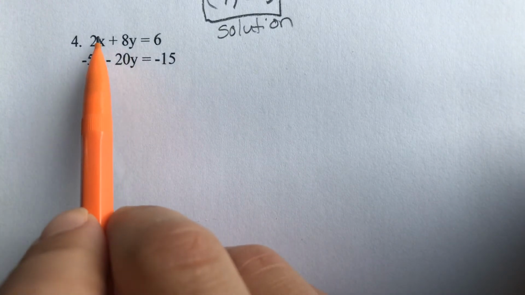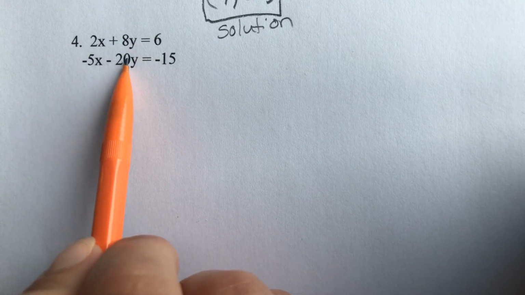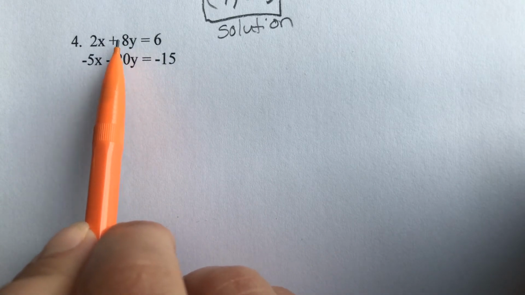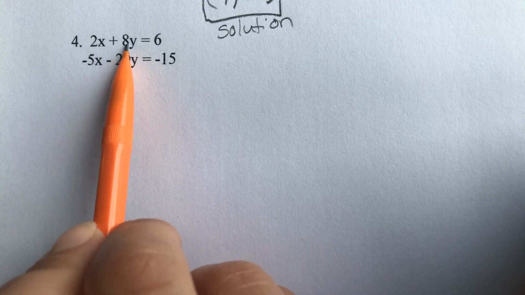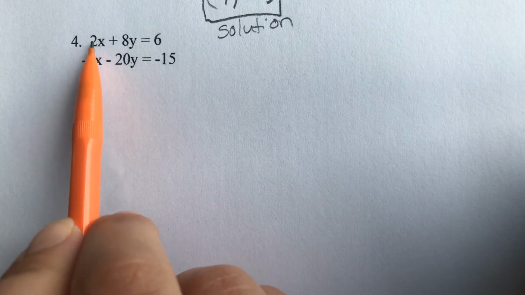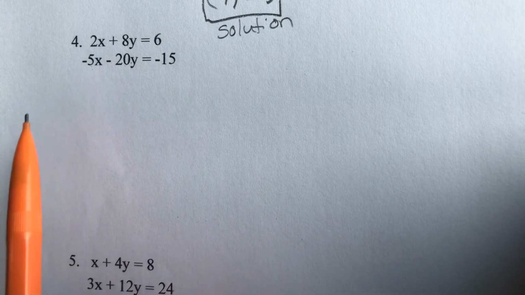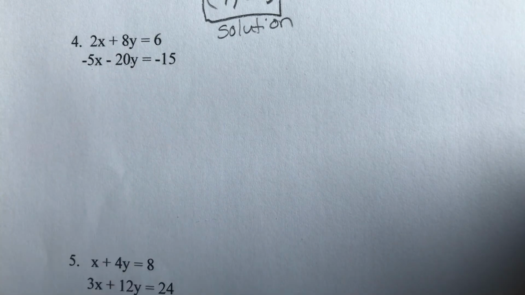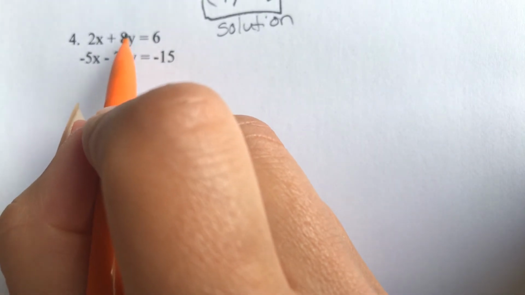So looking at my variables, I'm going to ask myself, can I multiply anything by the smaller number to get to the larger number? Well, 8 times nothing gets me to 20. 2 times nothing, I can't do that either. All right, so I have to find the least common multiple between the two.